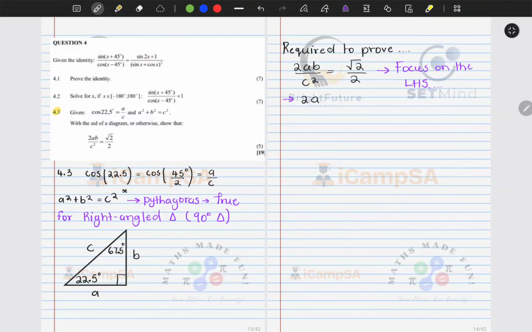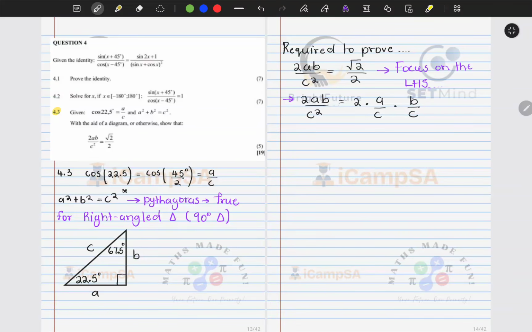So what's happening on the left, we have 2ab divided by c squared. So what I'm going to do is I'm going to put the 2 here and then say a over c times, if you look carefully, b over c. This is how I'm going to approach this problem here.